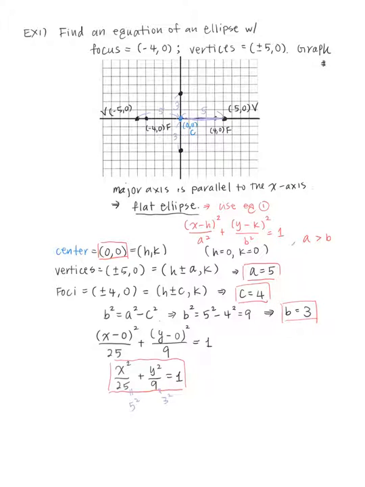So these 2 points are the co-vertices. Therefore, the co-vertices are going to be at 0, 3 and 0, -3. All right, now let's draw the final graph.